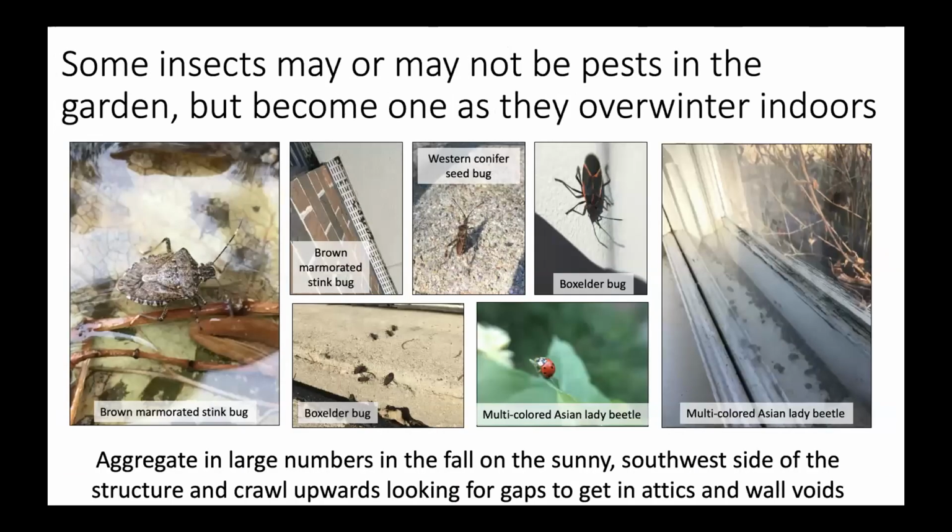And then other pests, when we talked about overwintering, we talked about how insects really are dependent on the environment and the temperatures to survive because they're cold-blooded. How they survive the winter, they either avoid it, or they have freeze tolerance, or they can tolerate it.